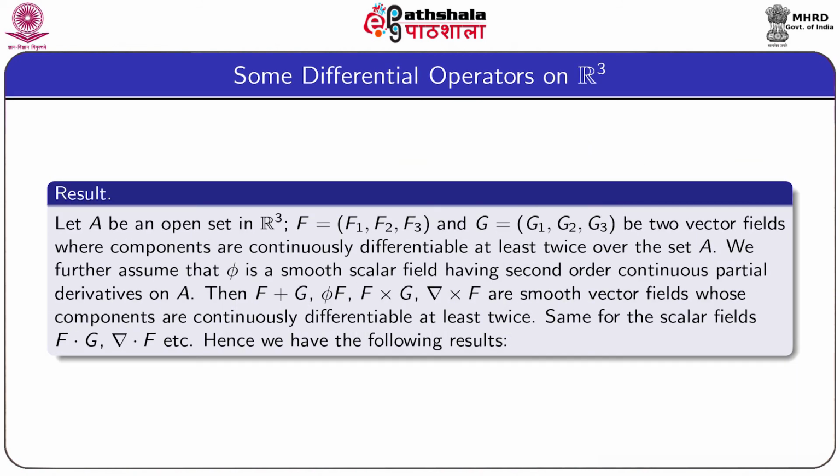Result: let A be an open set in R3. F and G be two vector fields whose components are f1, f2, f3, g1, g2, g3 respectively.